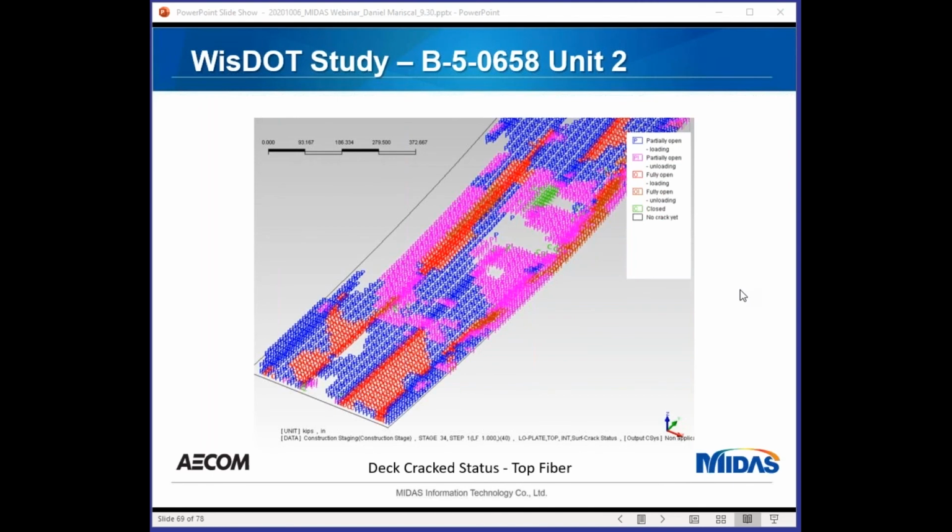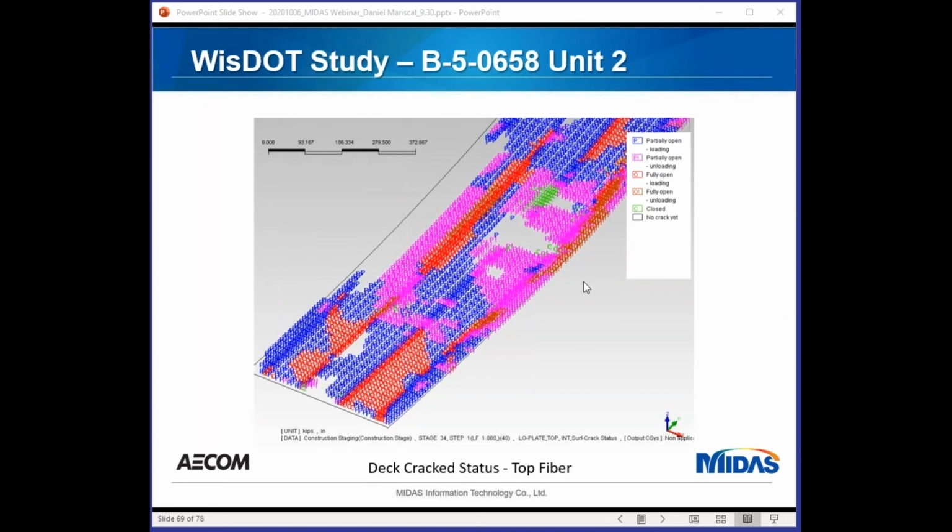This is a view of what they call the crack status. You can see there's a legend at the top showing what the cracks are. Some of them are partially open, some are fully open, some are closed, and some are not cracked.